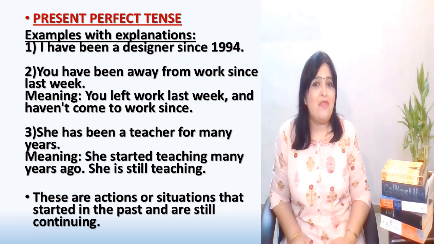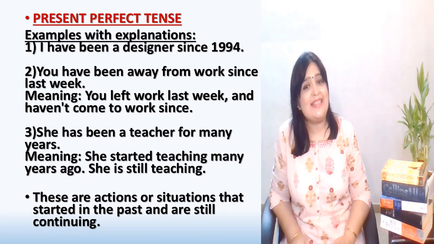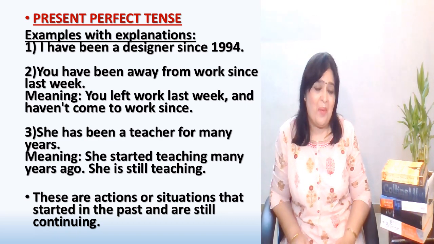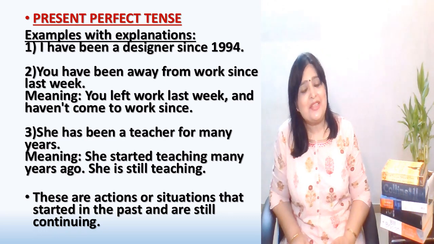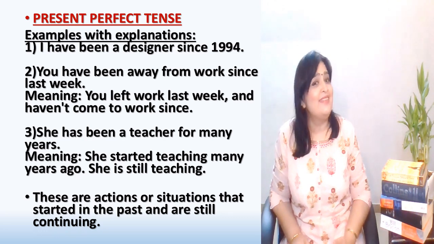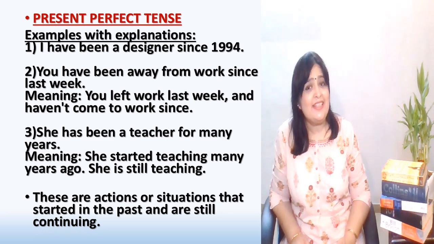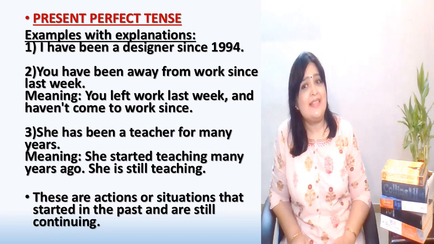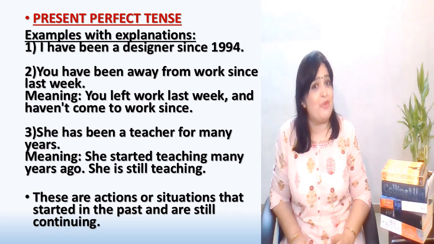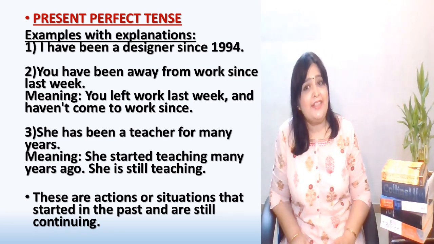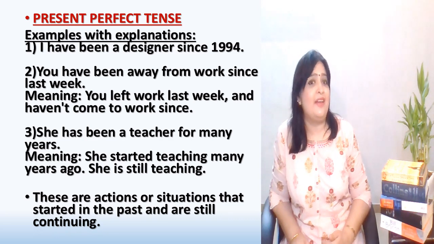I have been a designer since 1994. अब यहाँ हमने have been इसलिए use करा है क्योंकि I is the subject. Second, it means कि मैंने डिजाइनर की तरह करियर स्टार्ट करा था 1994 में and it continued up till now. और अभी तक मैं डिजाइनर हूँ.